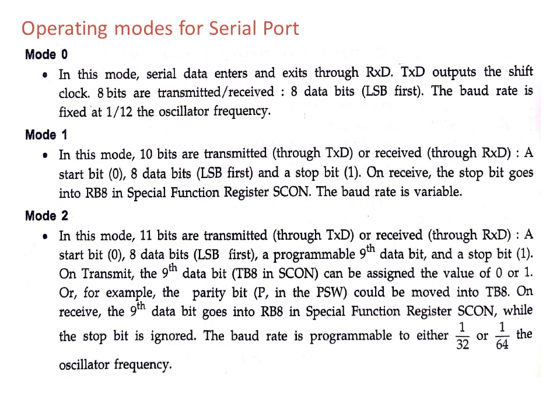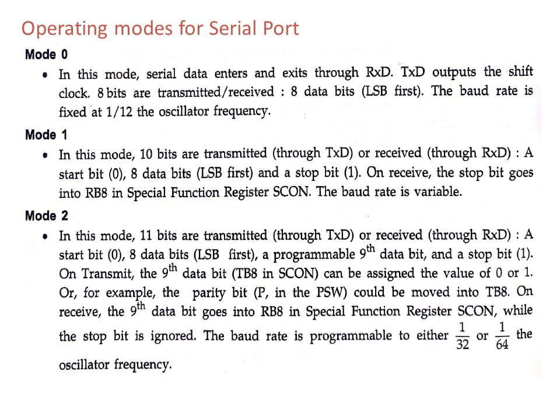For mode 1, SM0 and SM1 should be 0, 1. For mode 2, the SM0 and SM1 bits of the SCON register should be 1, 0. And at last, for mode 3, the SM0 and SM1 bits of SCON, the serial control register, should be 1 and 1.